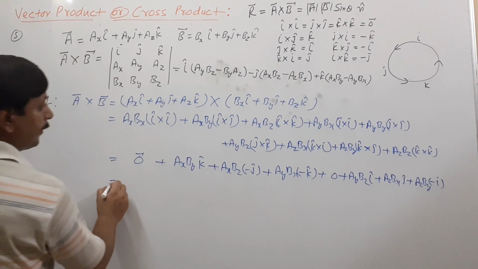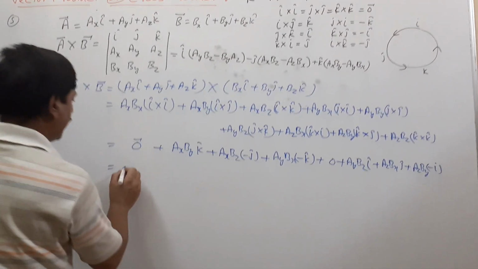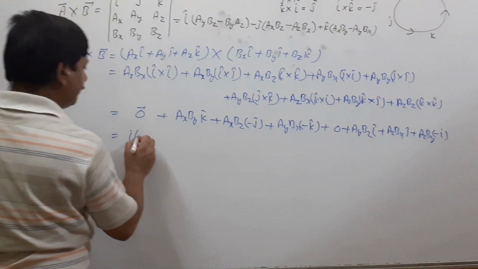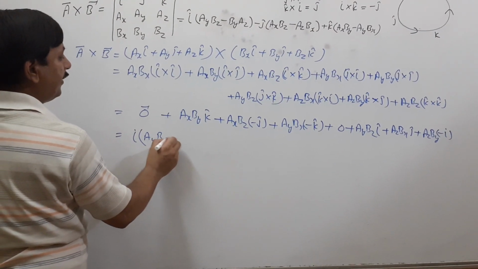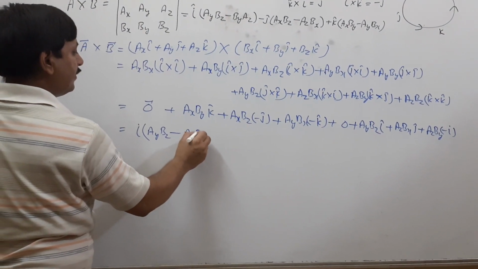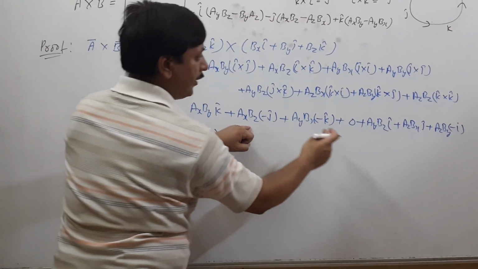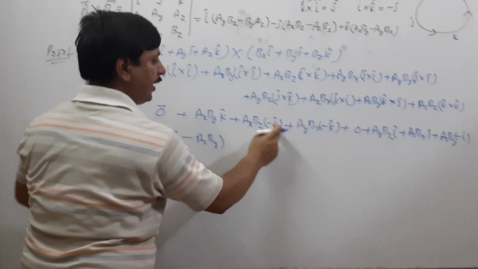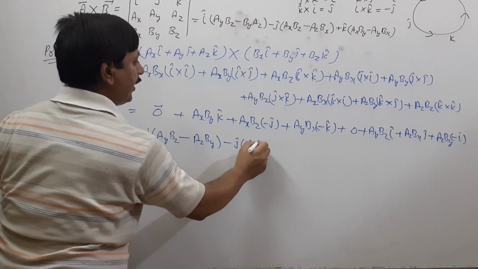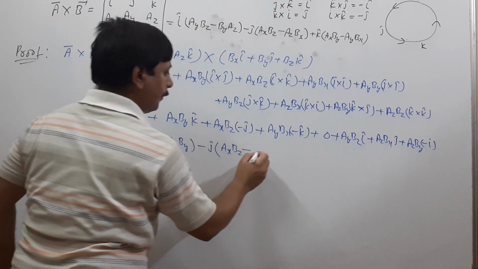We are collecting the i terms, one vector: ay bz minus az by. Now we collect j. Taking minus j common, what happened? ax bz minus az bx, because the plus becomes negative.